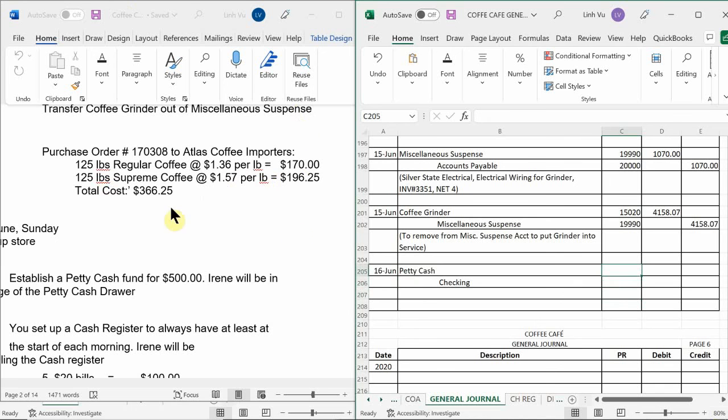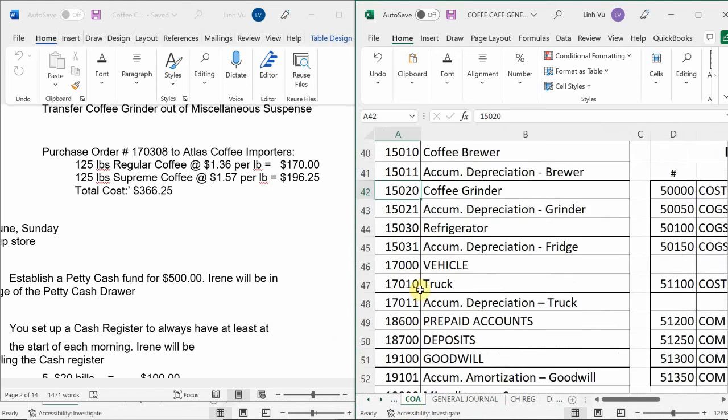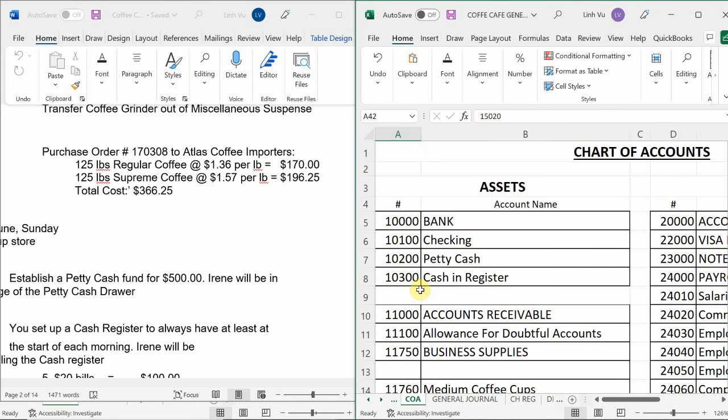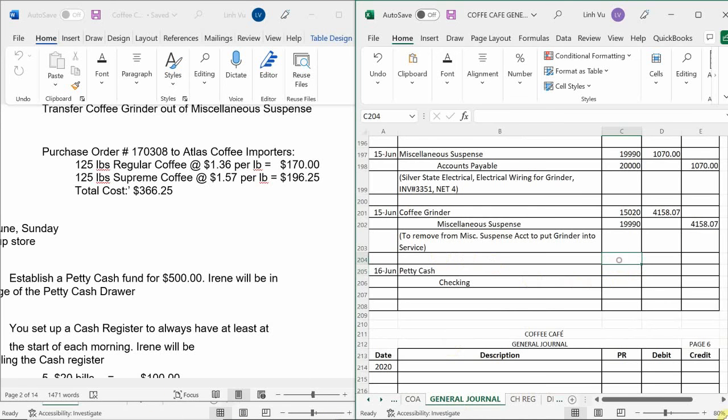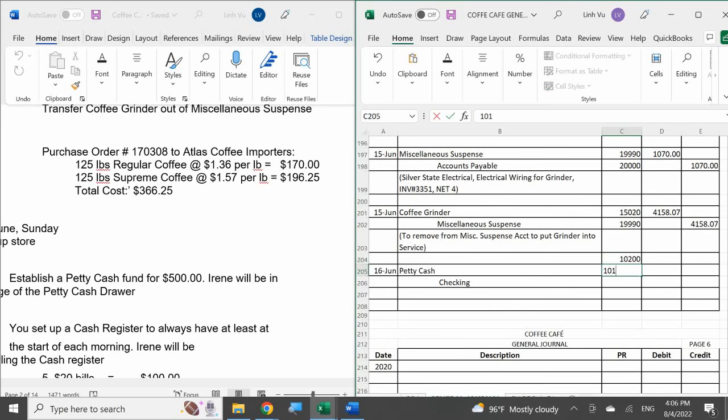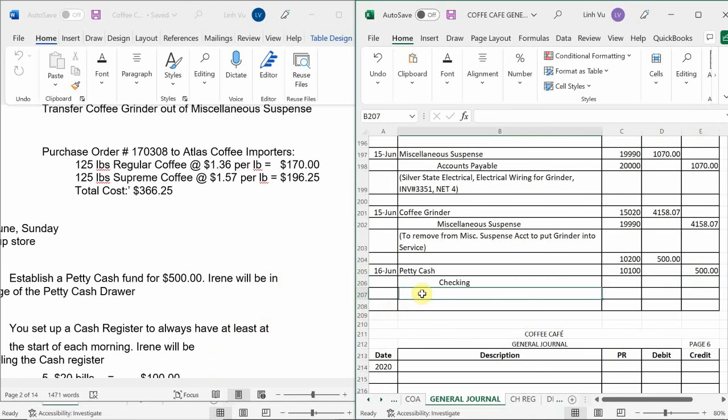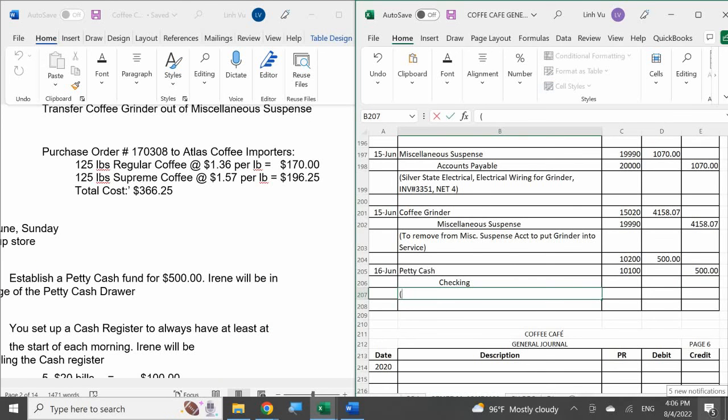So let's take a look at my chart of accounts real quick. Petty cash is 10,200, and 10,100 for checking. Okay. In the amount of 500 in each, credit and debit. And then we put in the notes, establish petty cash fund.